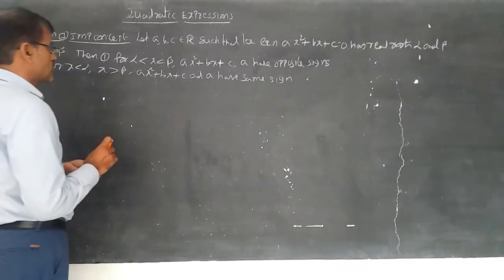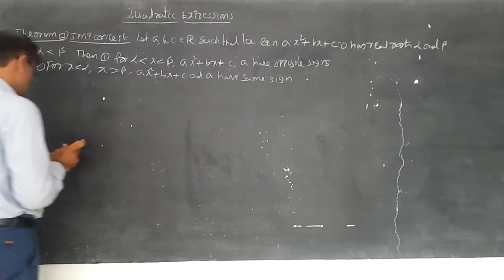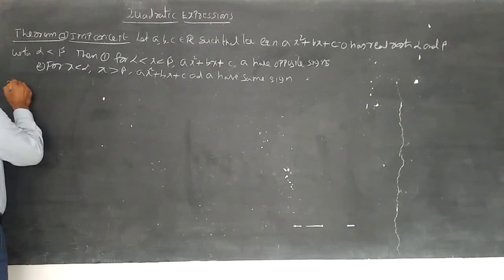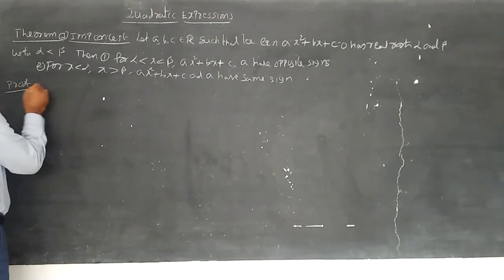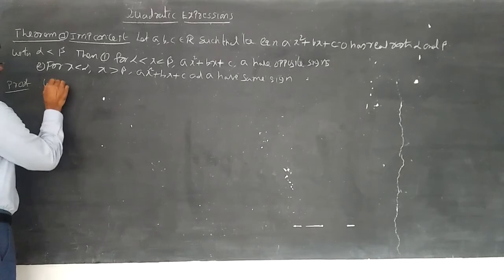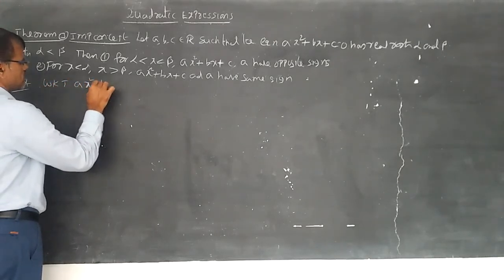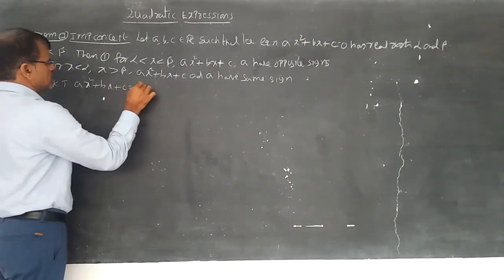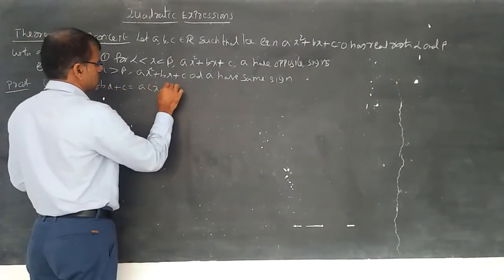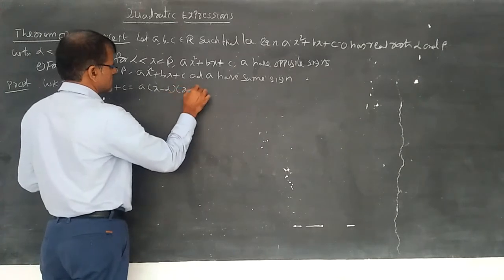Let us discuss the theorem, which depends upon the quadratic equation. We know that ax square plus bx plus c is equal to a into x minus alpha into x minus beta.